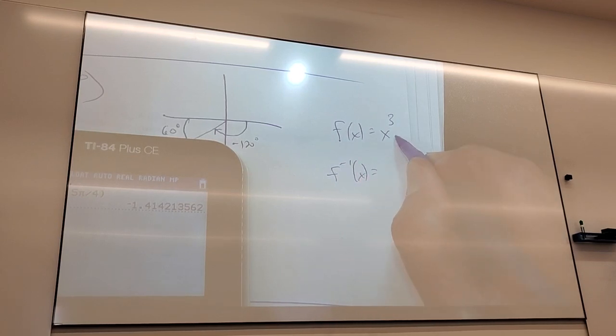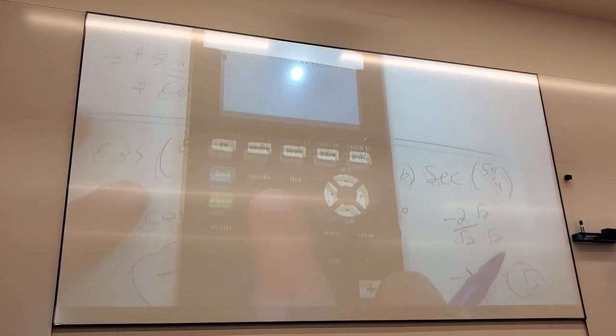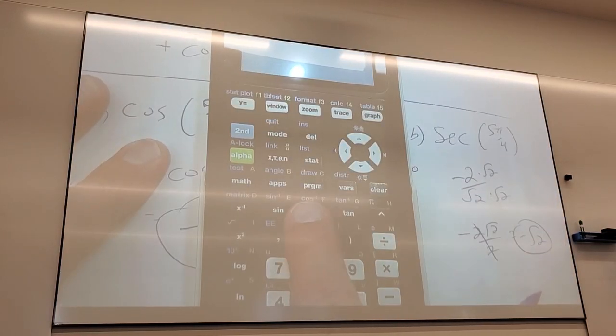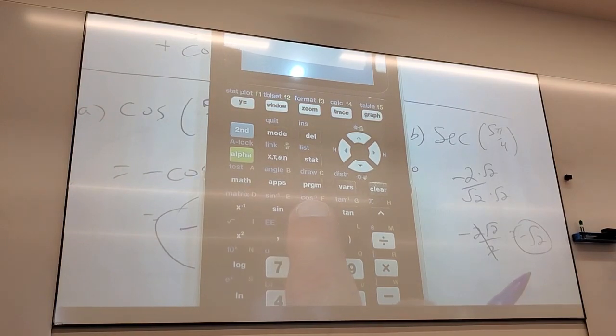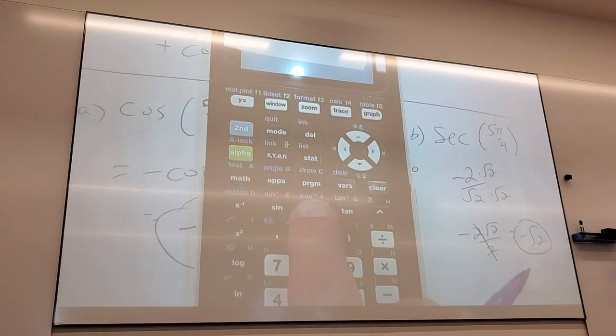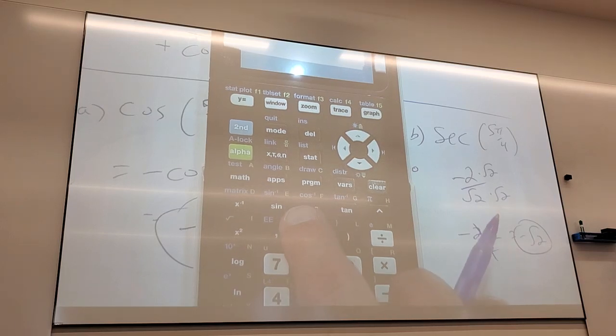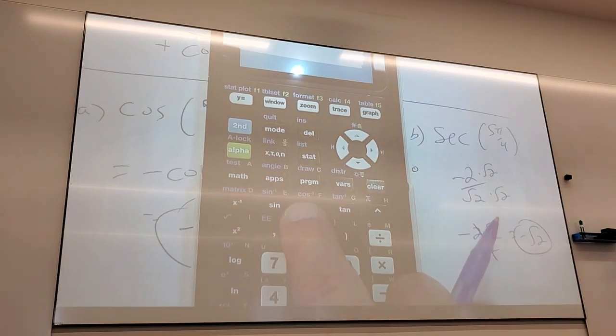Does that mean just flip this? That means the inverse, which is cube root, which is not just flipping this. So that is in our future. Whenever we learn a function, we're going to graph it thoroughly, and we're also going to learn its inverse, so then we're able to solve equations that they live in. That's what that button means. Be careful. It doesn't mean 1 over. It means the inverse of cosine.